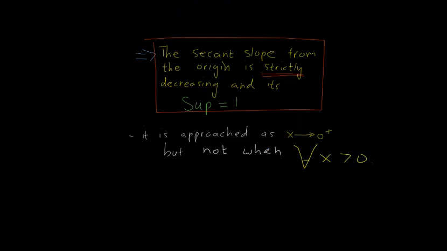Then what you end up with is the implication that the secant slope from the origin is strictly decreasing. We've shown that the secant slope is strictly decreasing, and as x approaches 0 from the right, its maximum, in other words its least upper bound, or the supremum, is equal to 1.